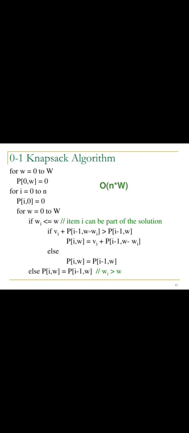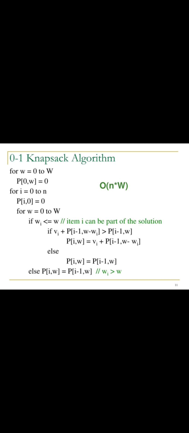Knapsack algorithm. For w equal to 0 to W, P(0, w) equals 0. For i equal to 0 to n, P(i, 0) equals 0. For w equal to 0 to W, if wi is less than or equal to w, then item i can be part of the solution.